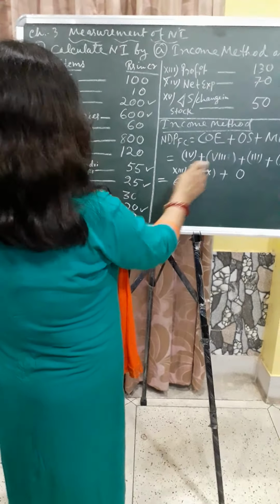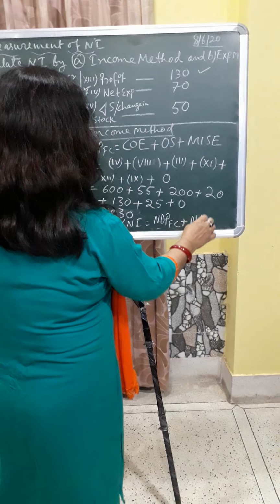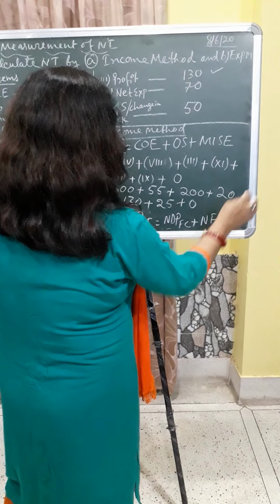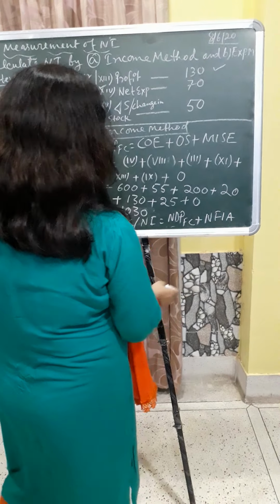Now you have to convert it to NNP-FC. National income means NNP-FC. So national income is NDP-FC plus net factor income from abroad.